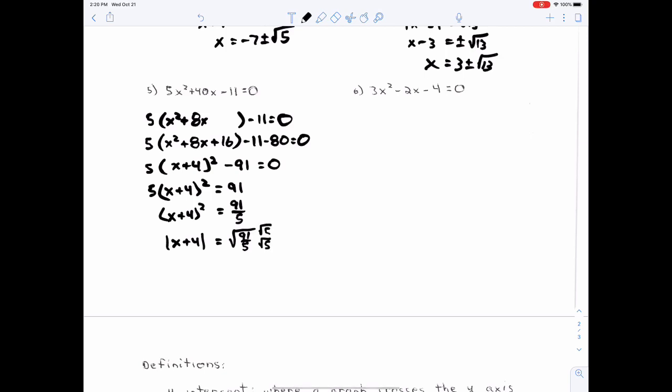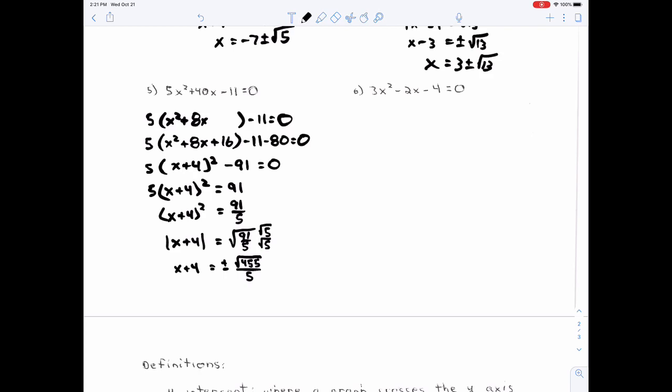You normally don't have to worry about this. Okay, so we have x plus 4 equals plus and minus the square root of 91 times the square root of 5, which is 455, I think, over 5. Yeah, I think that's right.